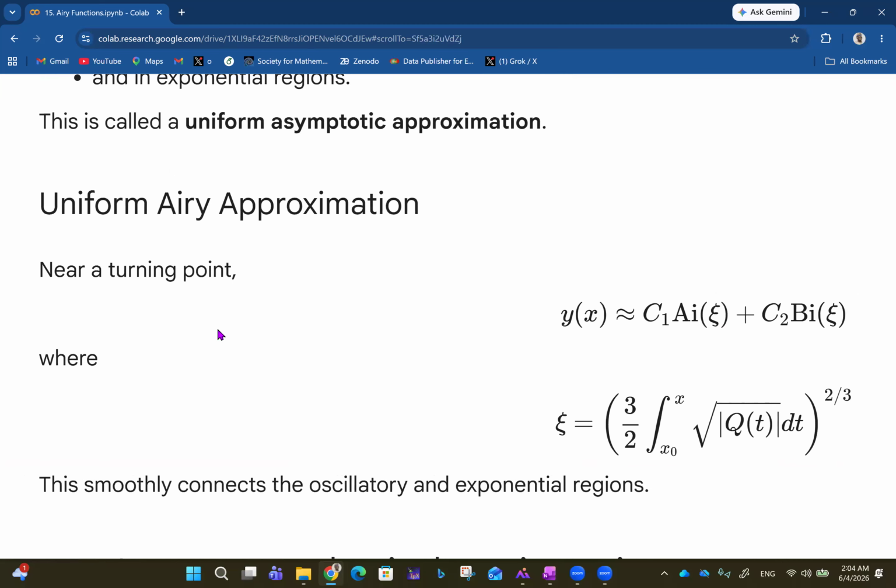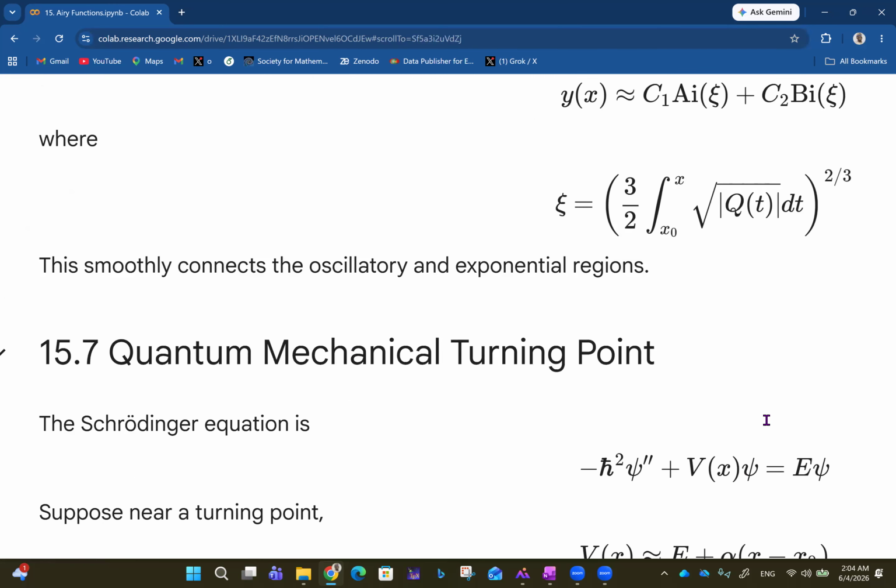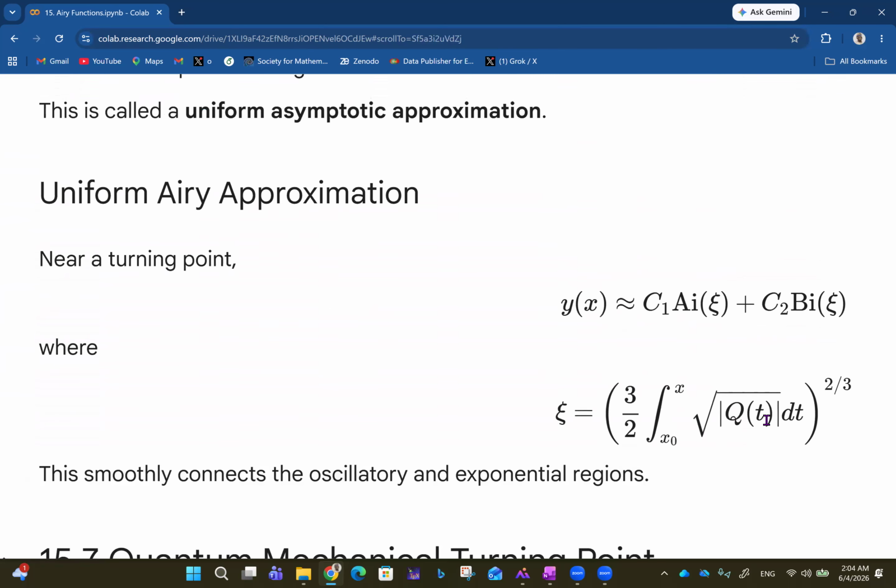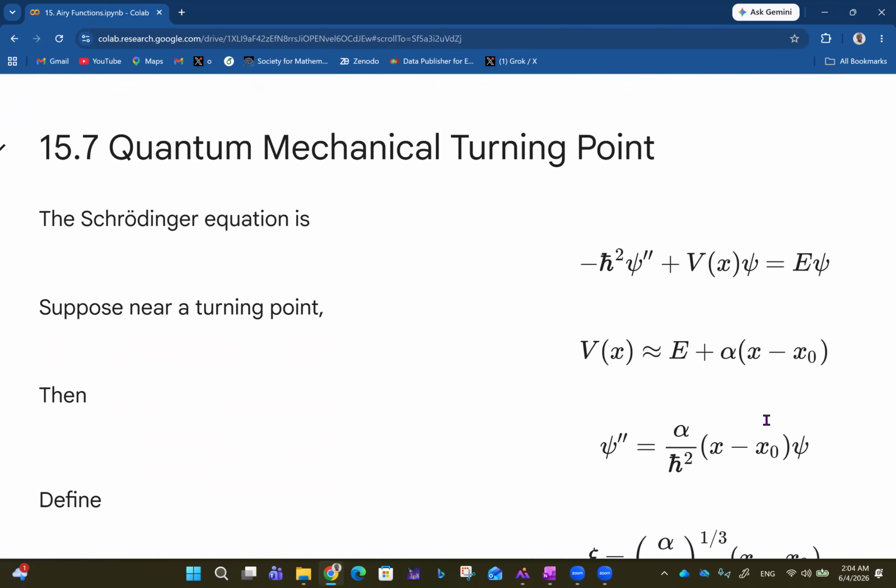Near a turning point, we have y of x approximately c1 Ai of epsilon plus c2 Bi of epsilon, where epsilon is equal to 3 over 2 integral from x naught to x of square root of the absolute value of q of t dt, raised to 2 over 3. So this smoothly connects the oscillatory and exponential regions near this turning point.